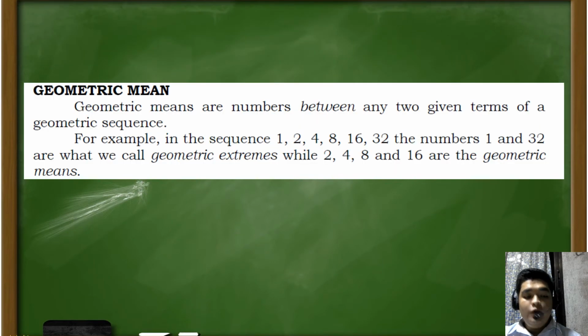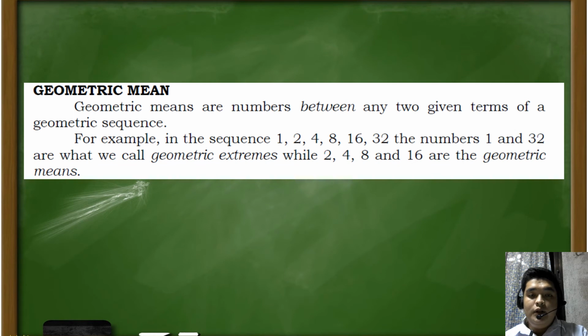Okay? Next. The same with arithmetic, they have arithmetic mean. So, the same, no? We also have geometric mean for geometric sequence. So, let's define geometric mean. Geometric means are numbers between any two given terms of a geometric sequence.